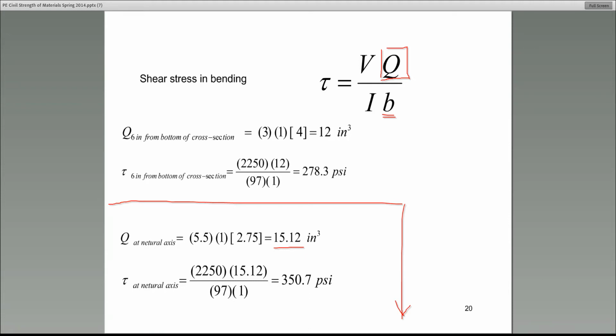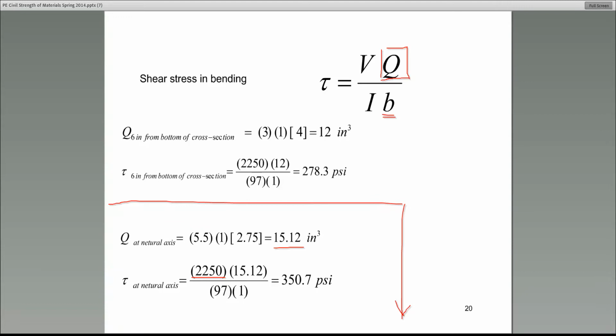So the equation is tau equals VQ over IB. V is 2250. How did I get that? Go back to, I think, slide number 19. Look at what is the maximum shear in the shear diagram. You will see it's 2250 pounds.